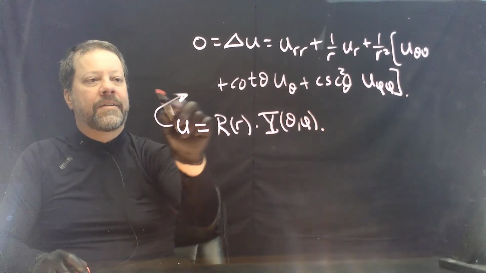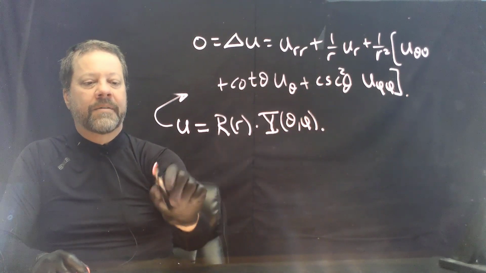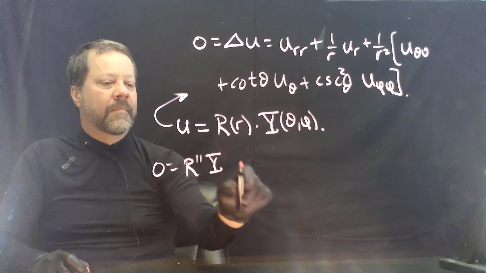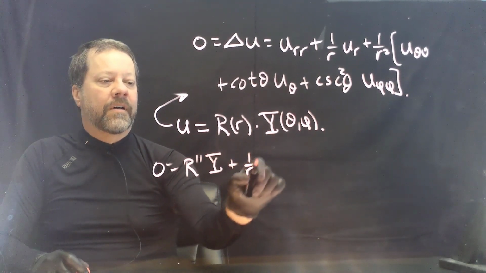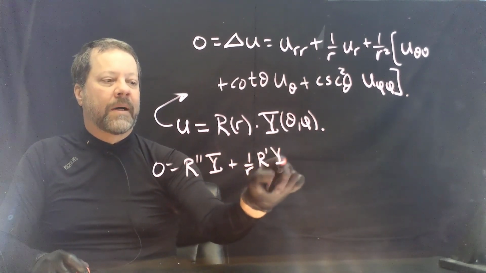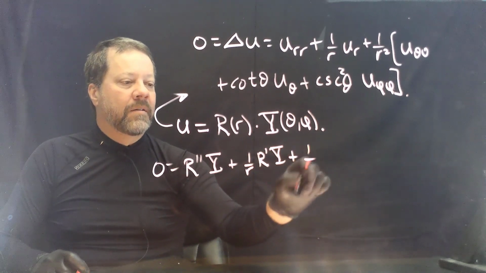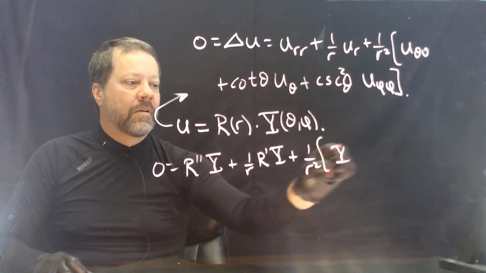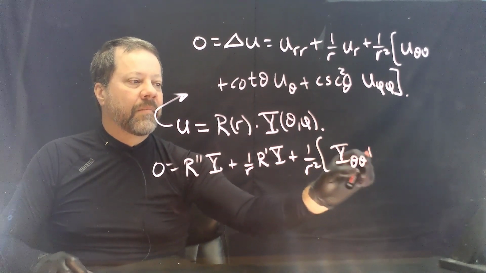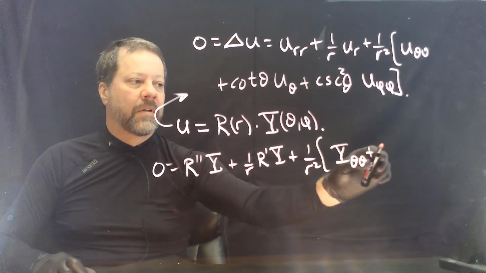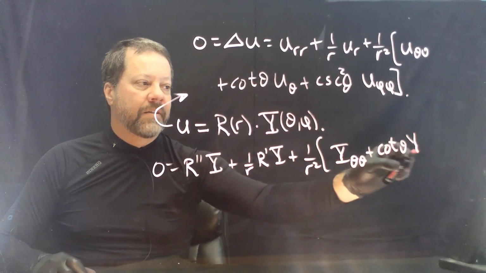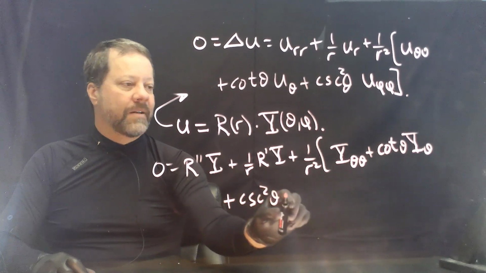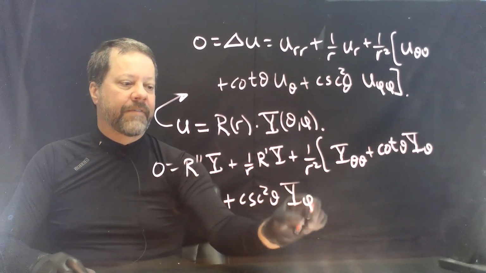If you plug this into the partial differential equation up here, you'll have R double prime times big Y, 1 over r R prime times big Y, 1 over r squared, you'll have Y theta theta plus cotangent theta Y theta plus cosecant squared theta Y phi phi.